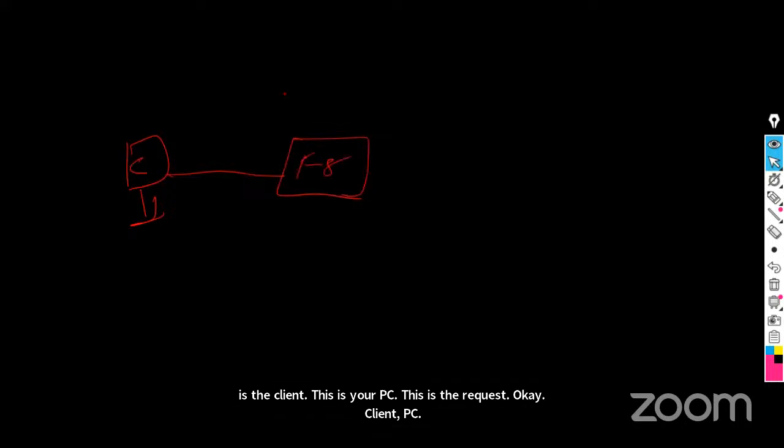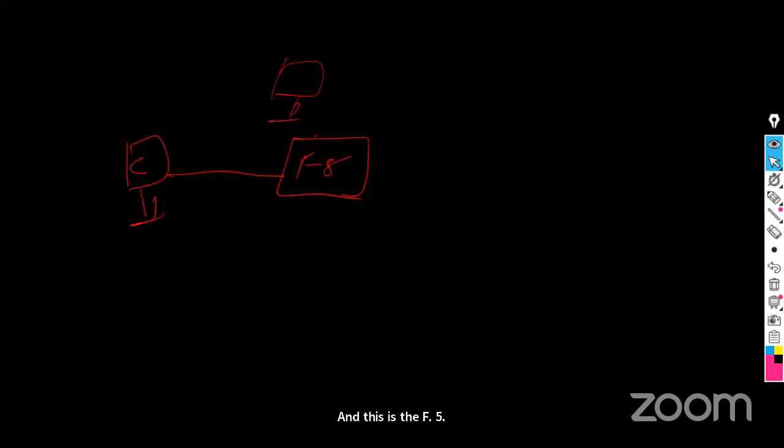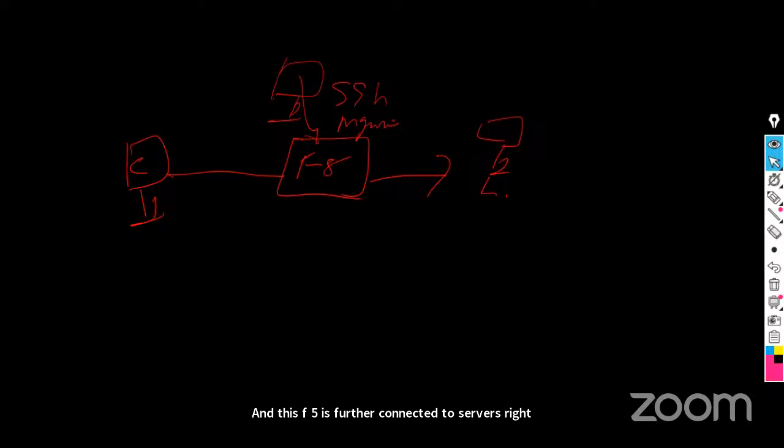As IT, you are managing the F5 from here with management access, or maybe SSH. And this F5 is further connected to servers, this is the second server, 1, 2. And for example, this server had some intermittent issue.